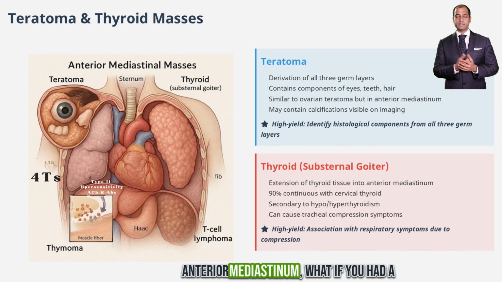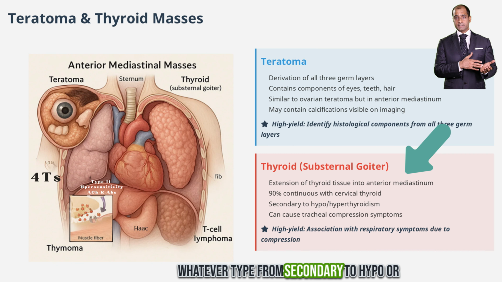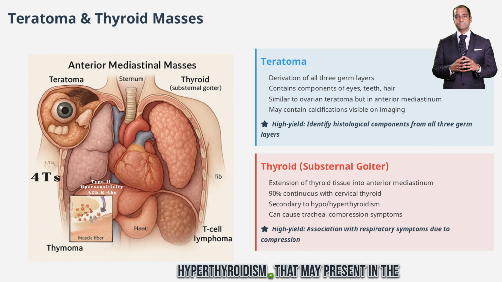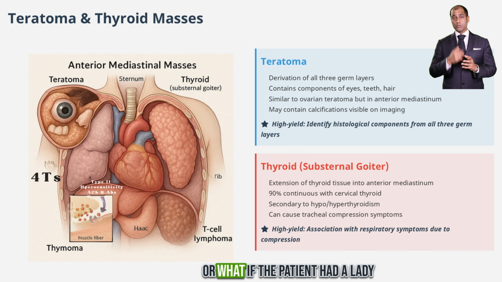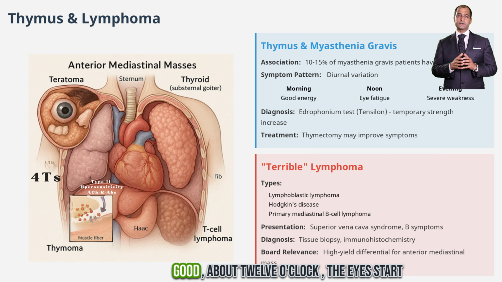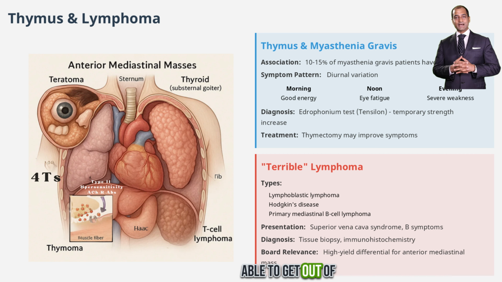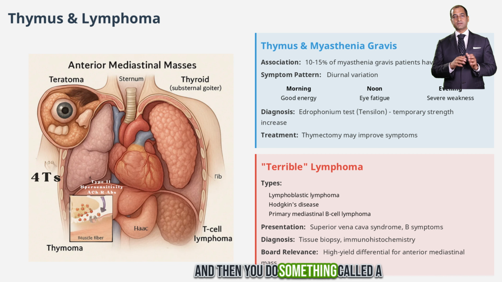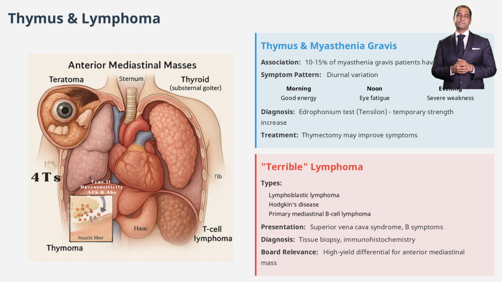That's a possibility. What else could possibly happen? Well, if you're in the anterior mediastinum, what if you had a patient that had a thyroid issue? A goiter of whatever type, secondary to hypo- or hyperthyroidism? That may present in the anterior mediastinum. Or what if the patient was a lady that wakes up in the morning, feels pretty good. About 12 o'clock, the eyes start getting fatigued. At 4 o'clock, she's not able to get out of her chair. And then you do something called an edrophonium test, in which her strength increases.